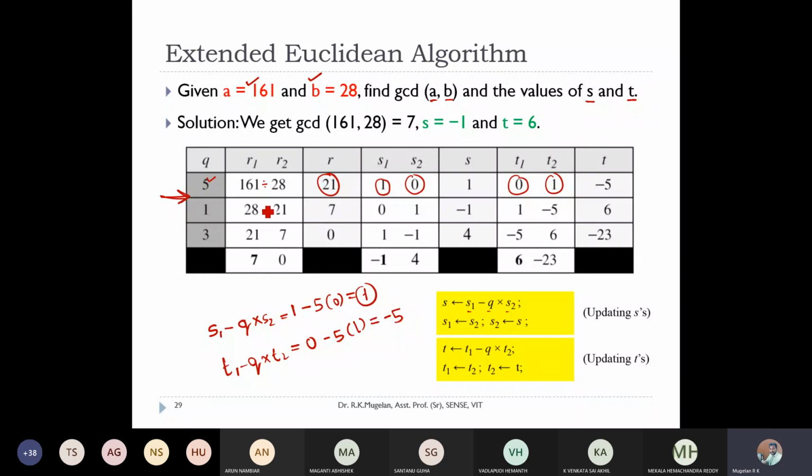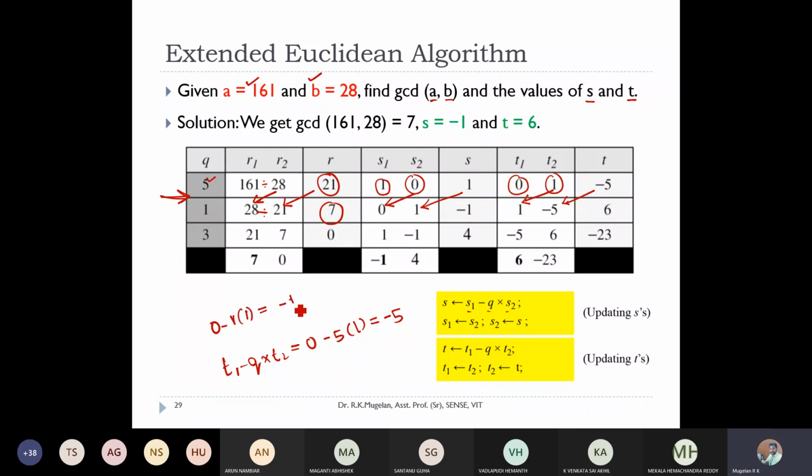In the next step, the R2 value is pushed to R1. Here also S2 is pushed to S1 and the S value is pushed to S2, the T2 value is pushed to T1 and the T value is pushed to T2. Next step, if I divide 28 by 21, it goes 1 time, and I get a remainder of 7. To find the value of S, S is nothing but S1, which is 0, minus Q times S2, which is 1.